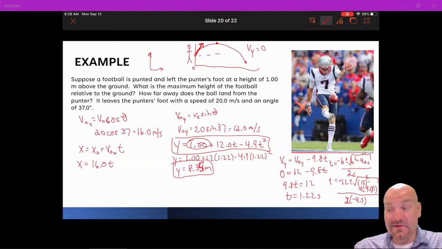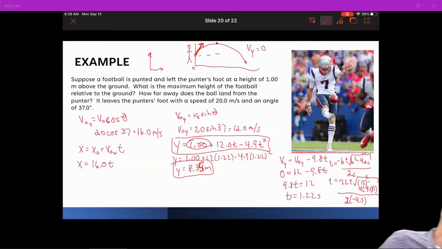The other thing you can do, really what I'm going to do, is graph it. If I can find the right calculator. Give me one sec. I'm going to pull out my Casio, not my TI. Casio is a little bit easier to use in this regard. So it's going to be 1 plus 12x minus 4.9 x squared.